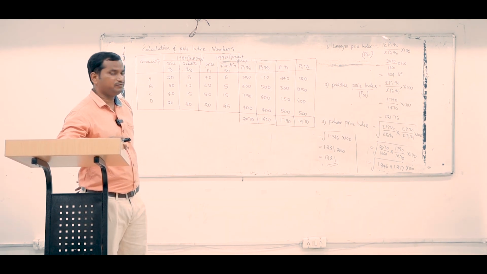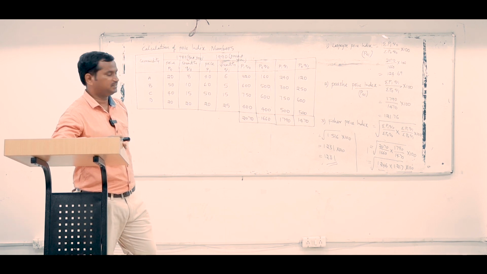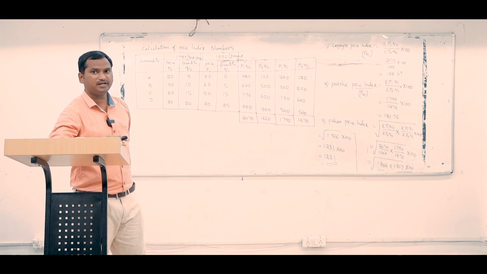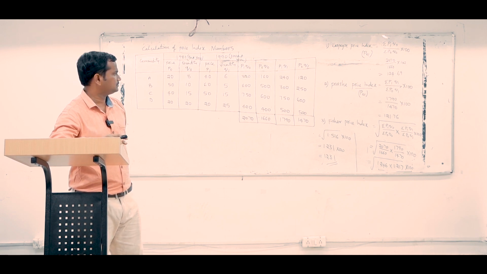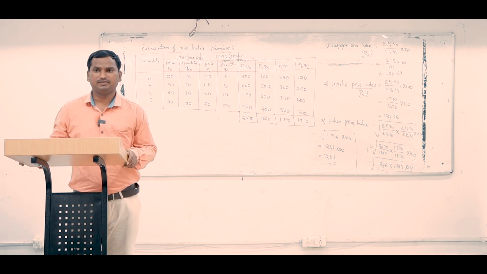In this way we can calculate price indexes as per these three methods. So these are the three important methods to construct the price indexes in statistics. So that is the topic for today. Thank you.